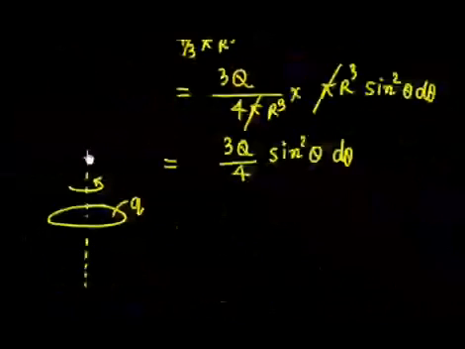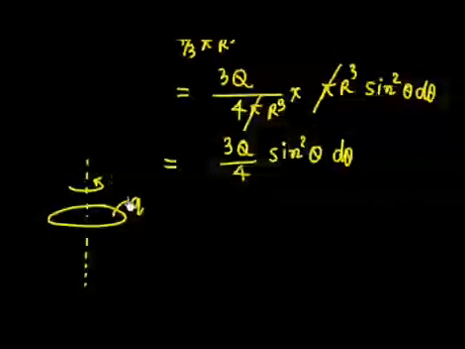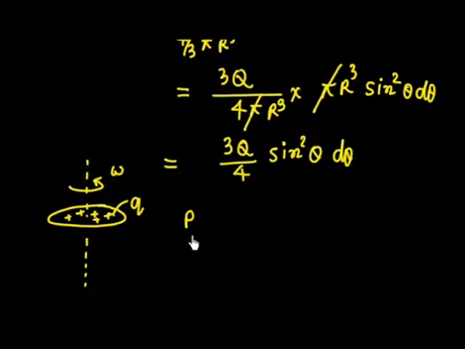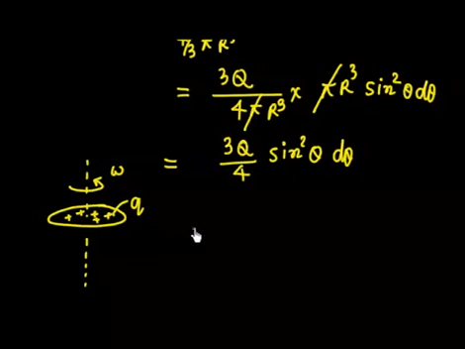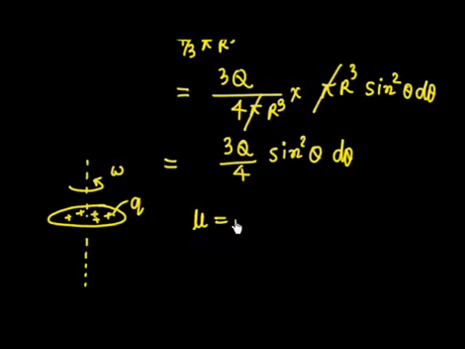So if we have a ring and this ring is rotated with angular velocity omega and has a charge q, then the magnetic moment of this system is given by mu equals 1 by 4 q omega r square, where r is the radius.